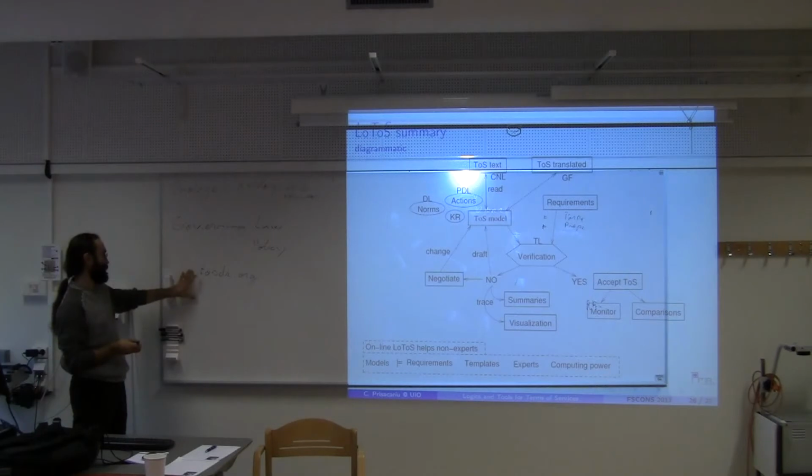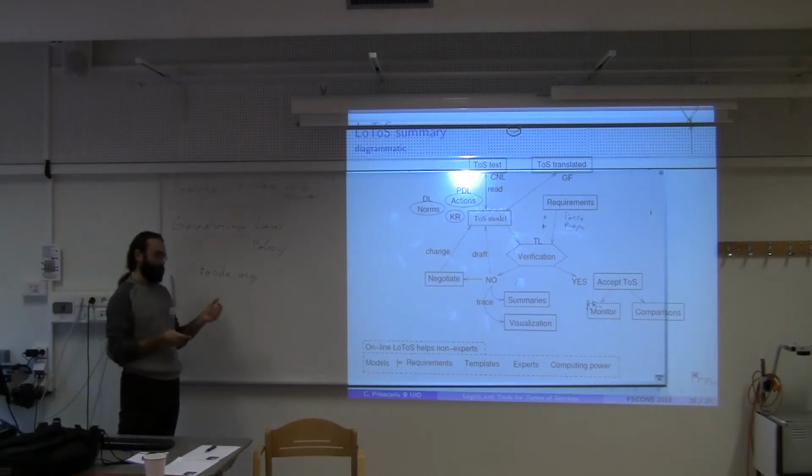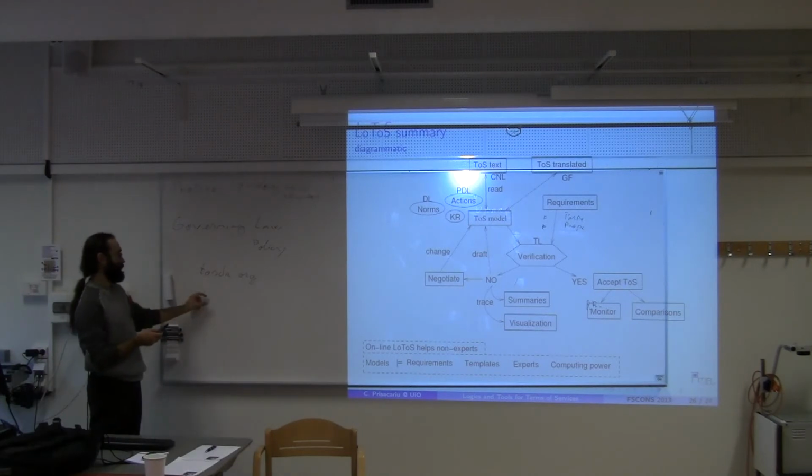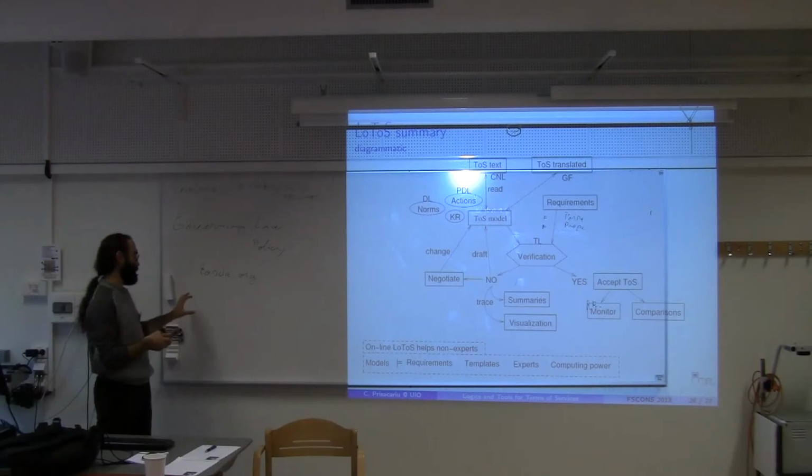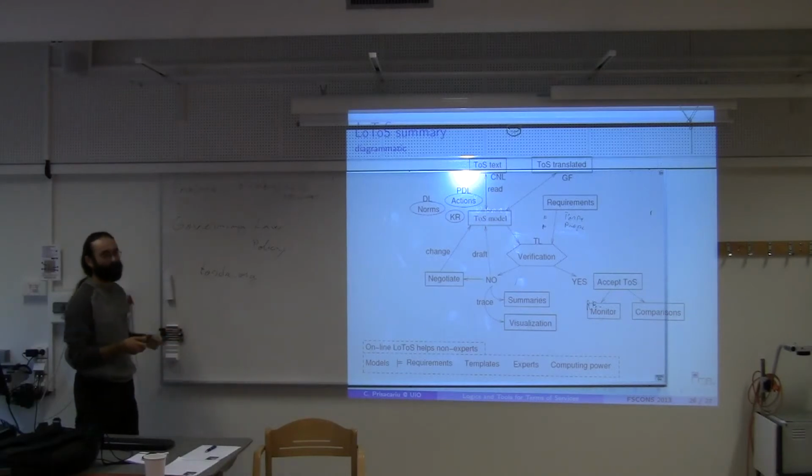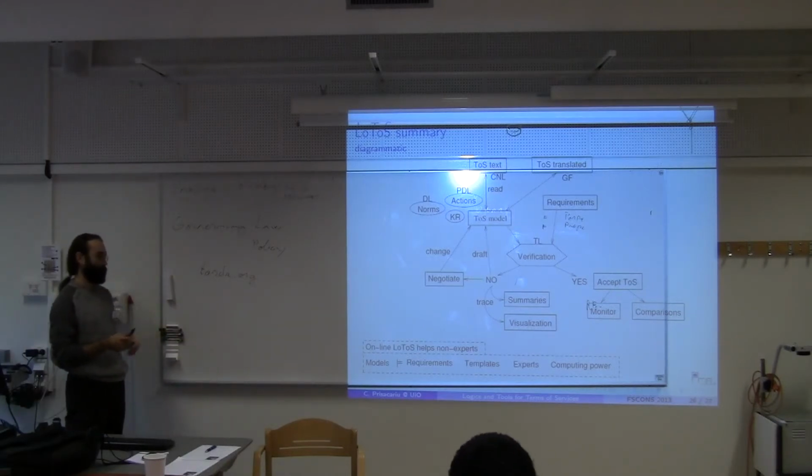So if you would take their thing, then you would just monitor the existing terms of services, and whenever they change, you just have to deal with the little part. If it is something new, it's only a little part compared to a whole new terms of service.